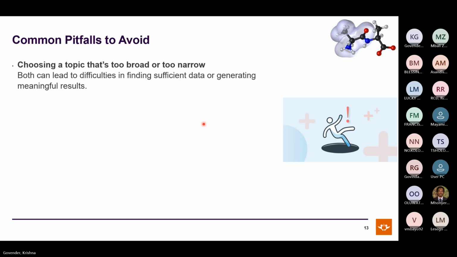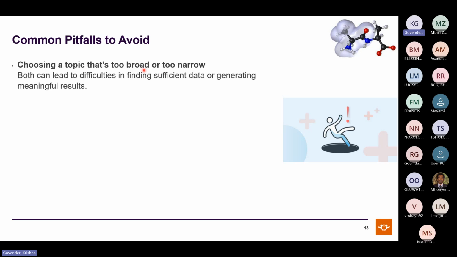So try as much as possible to keep it relatively simple, but something that you can build up on. The broadness is going to make it too complex to solve the problem. So you want to be in between the narrow and the broad, so that you can always expand.